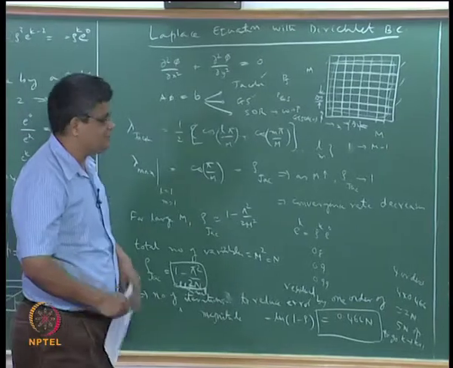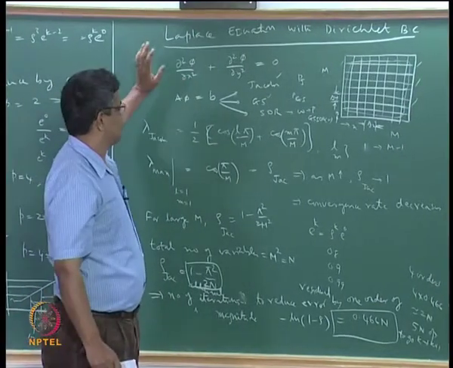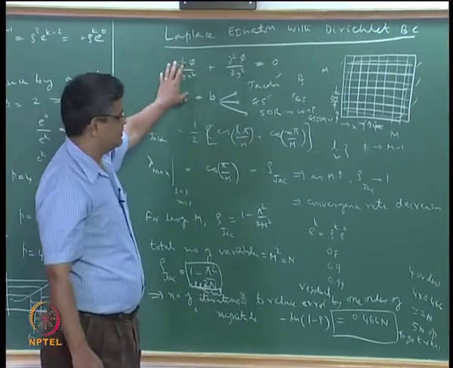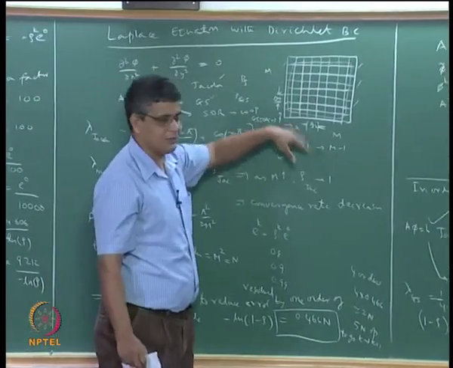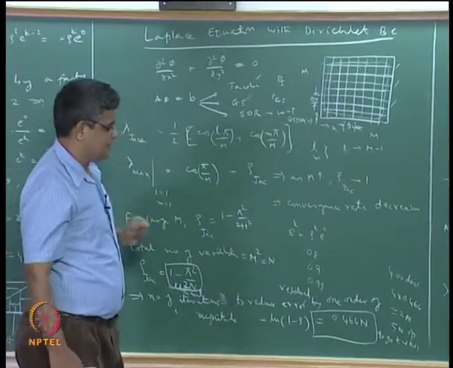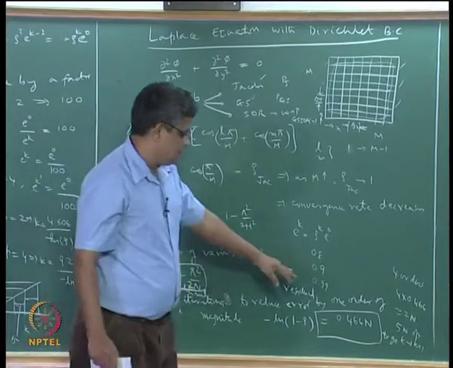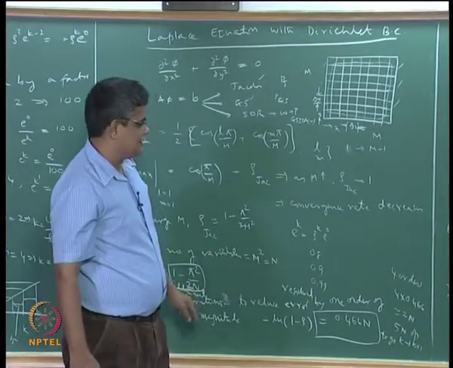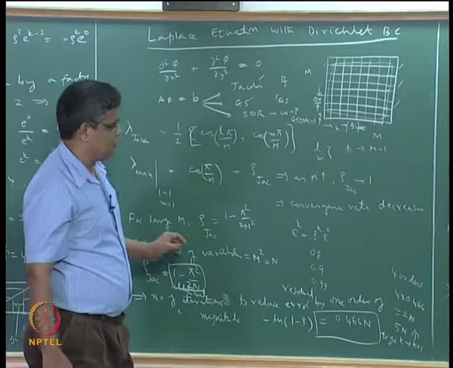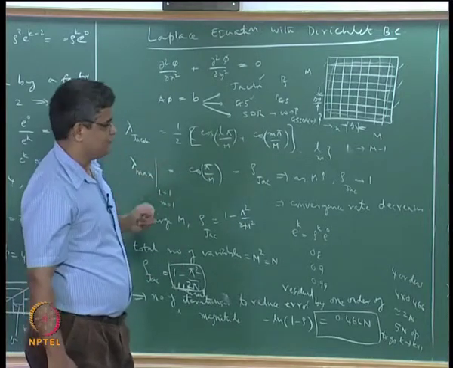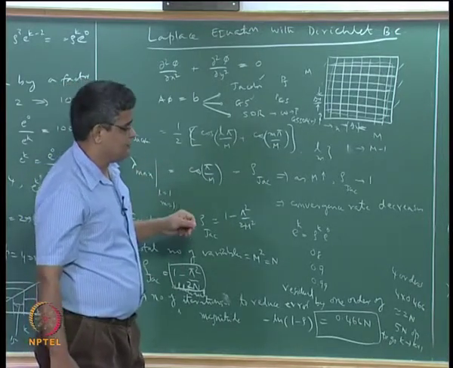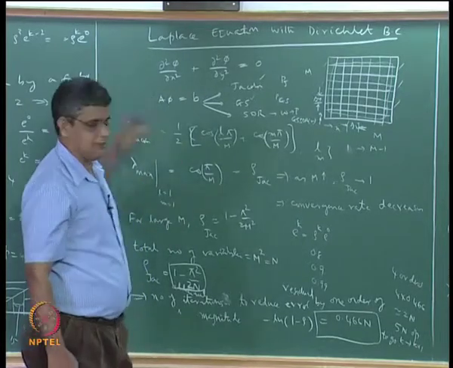That is, for the Laplace equation with Dirichlet boundary conditions with constant division like this, the number of iterations required to reduce the residual by a factor of 10 is half as much as what is required for the Gauss-Seidel method.